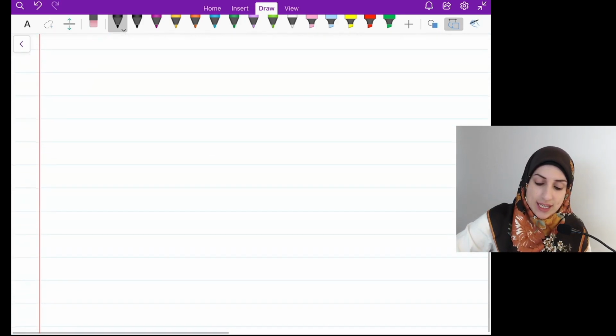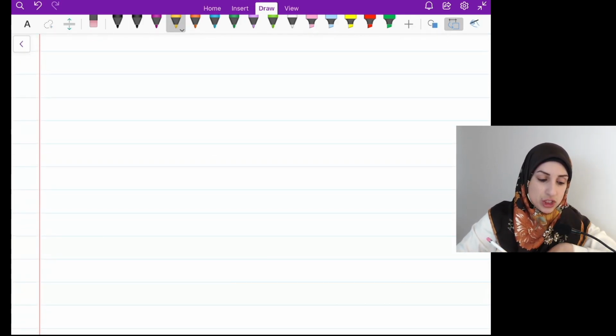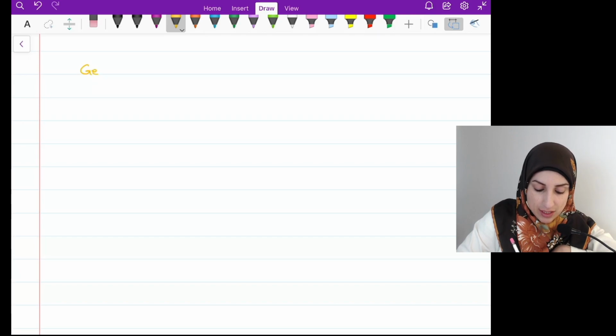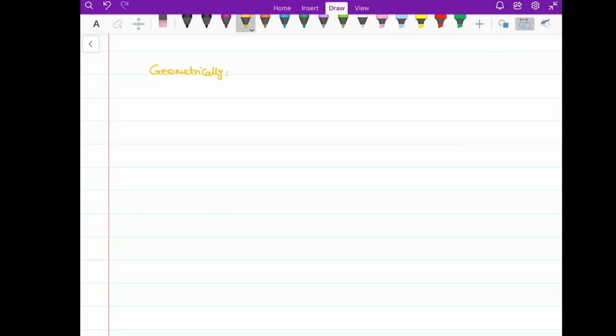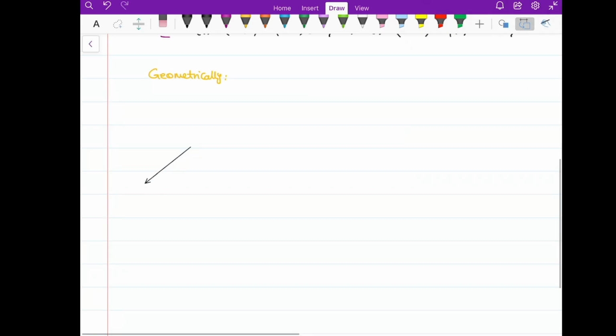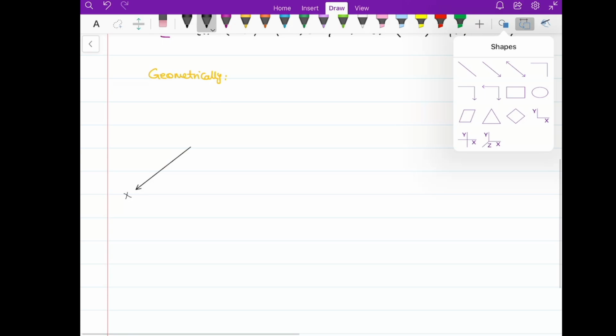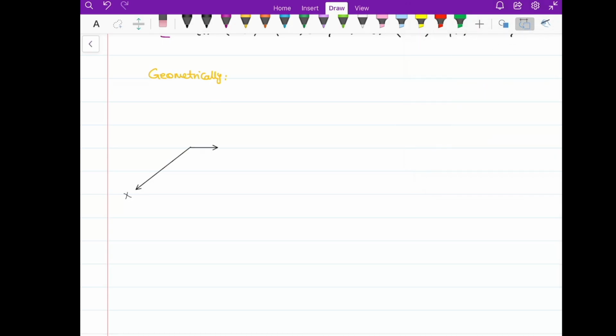Now let's see, what do we have geometrically? Geometrically, just assume that we have the x-axis, the y-axis, and the z-axis.